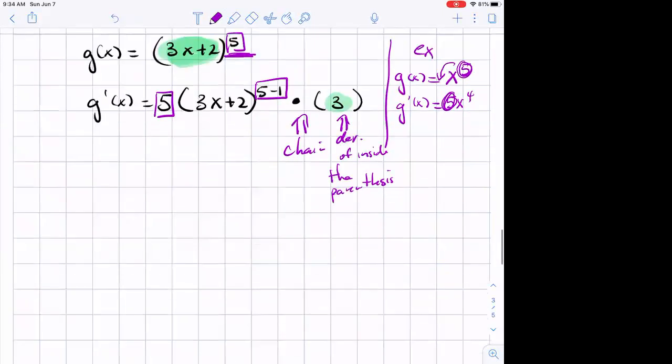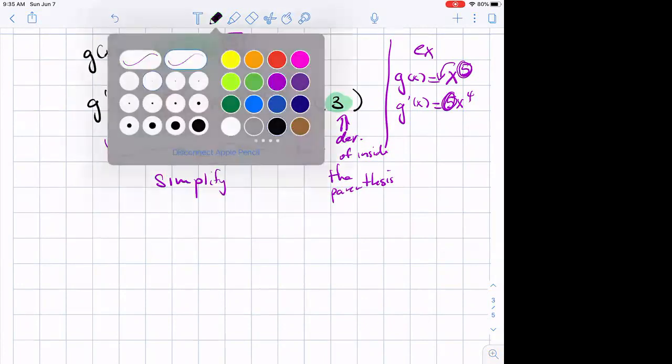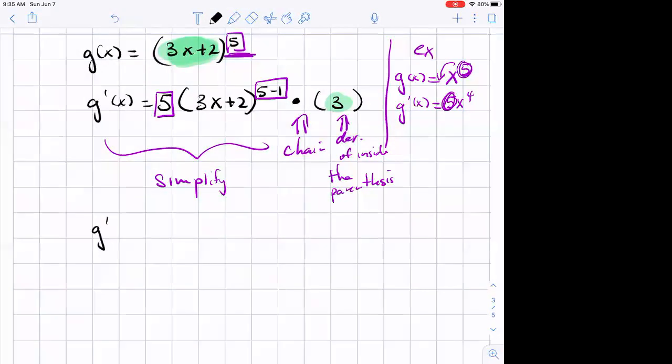Okay, so if we simplify this, we will get g prime of x is equal to 15 times 3x plus 2 raised to the 4th power.